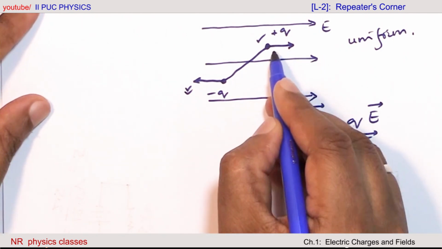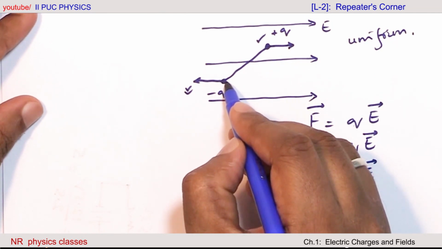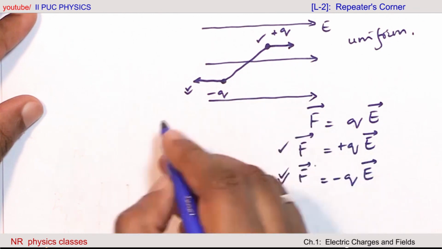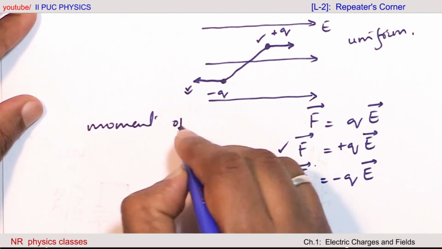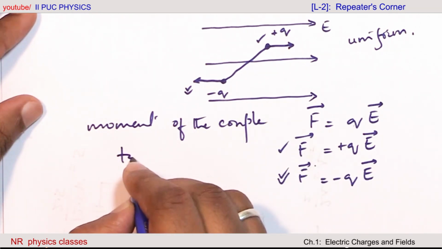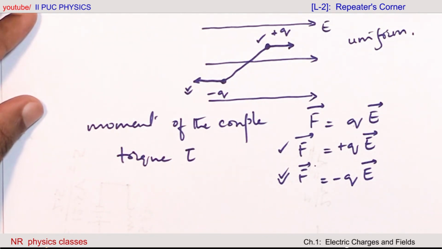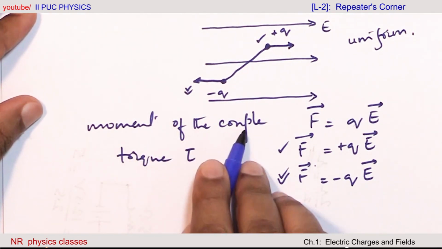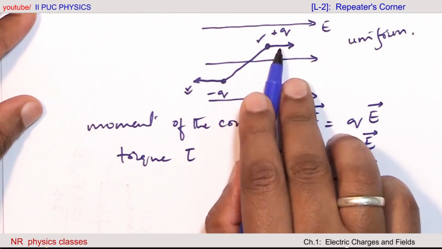Now these two equal and opposite forces constitute a couple, and moment of the couple is nothing but torque, denoted by tau. Moment of a couple means turning tendency of two equal and opposite forces.